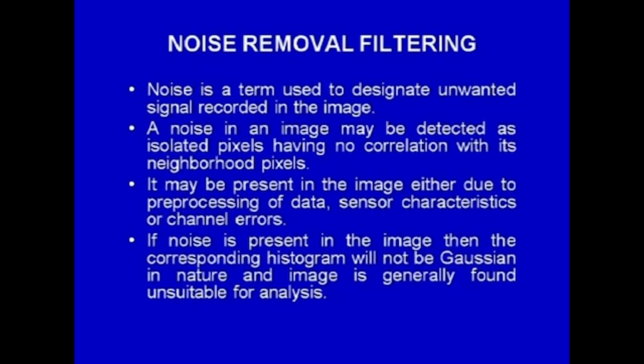It may be present in the image due to pre-processing of the data, sensor characteristics or channel errors. If noise is present in the image, then the corresponding histogram will not be Gaussian in nature, and the image is generally found unsuitable for analysis.